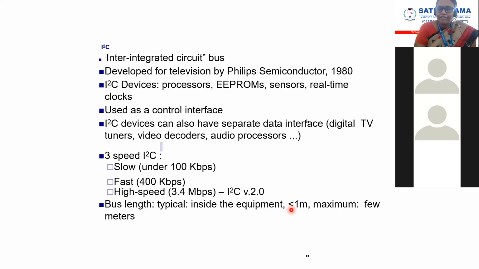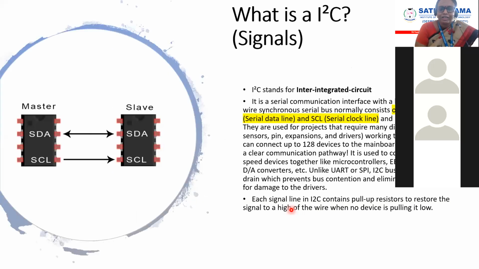It is mainly used with digital TV tuners, decoders, audio processors, EEPROM memories, sensors, and real-time clocks. Whatever I connect on I2C are called slave devices, with only one control, my master microcontroller. So that's all about the introduction to I2C.